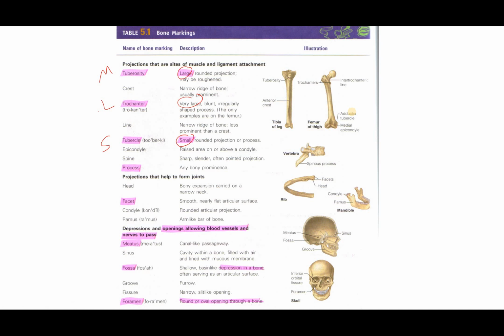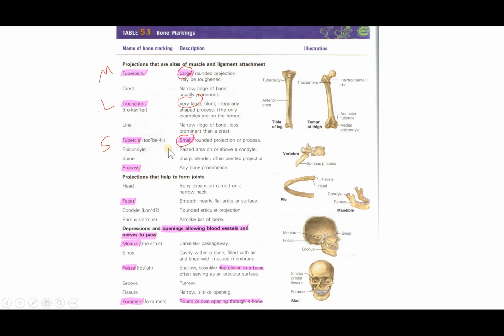In human movement we have abduction, moving away from the midline, and adduction, moving toward the midline. So your adductors are located on the medial side of your femur, and some of them do attach to this adductor tubercle. A bump on bone, really nice for muscle attachment.